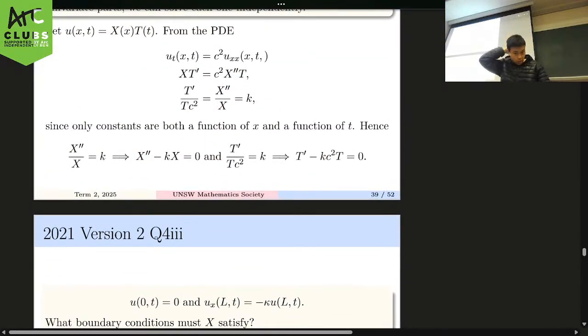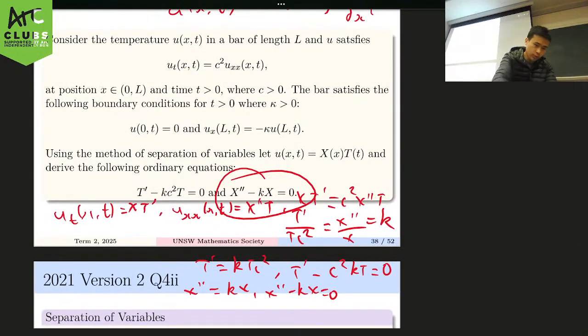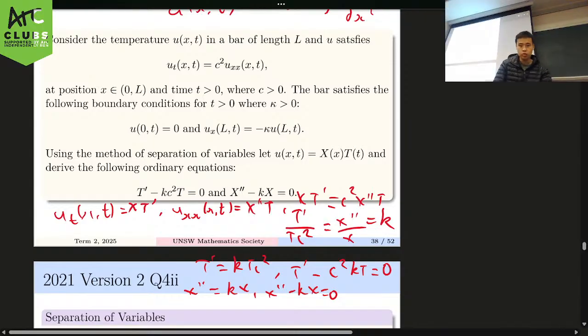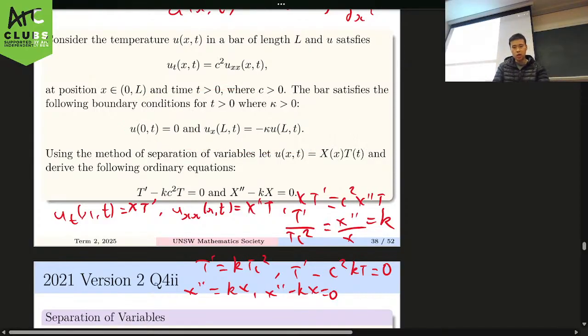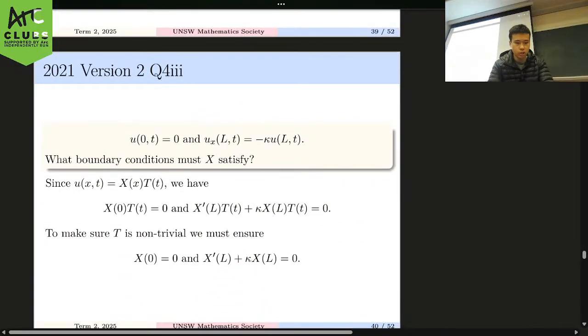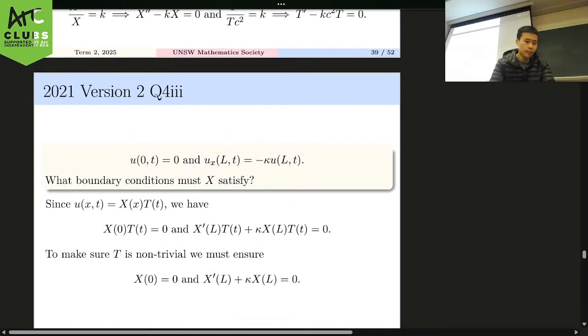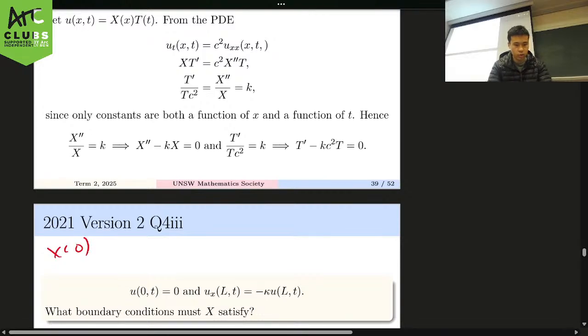What boundary conditions must X satisfy? We already know that this sort of ODE must be true regardless, but we just have to make sure that it's in line with this here. So how can we show that works? I guess the first thing we can do is just solve it. Since we know u is equal to X of x times T of t, we can just sub in what we have. So X of 0, T of t must be equal to 0.